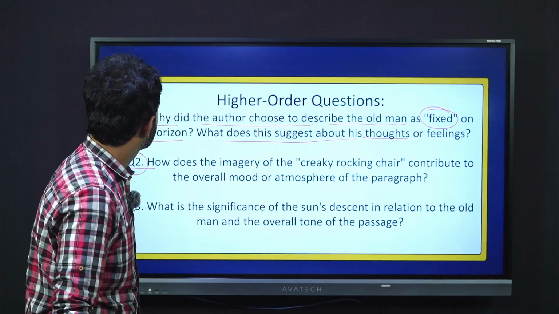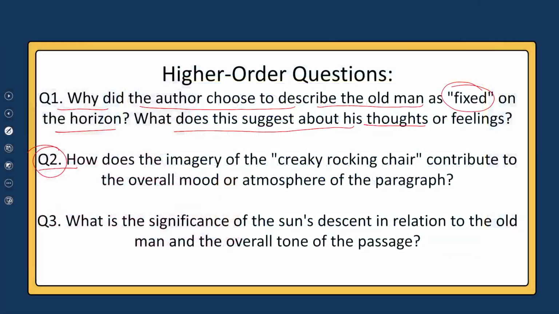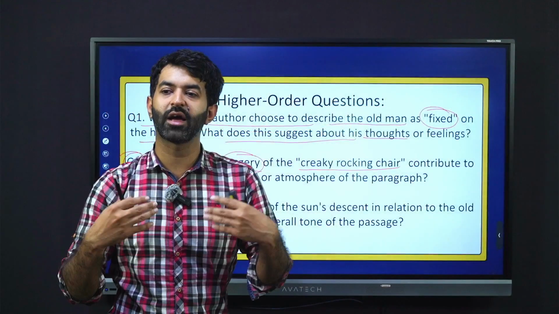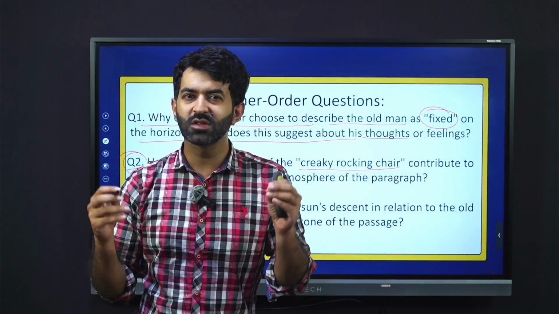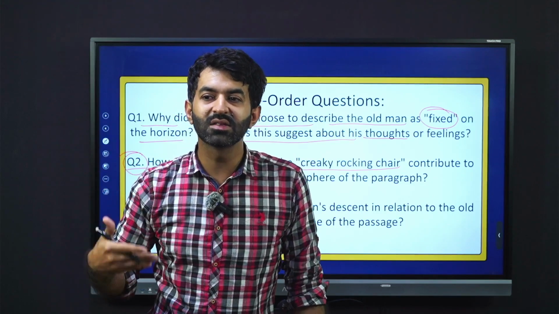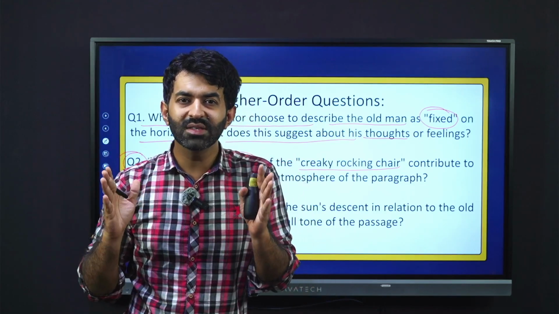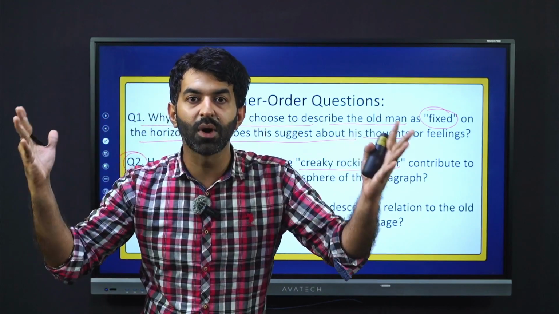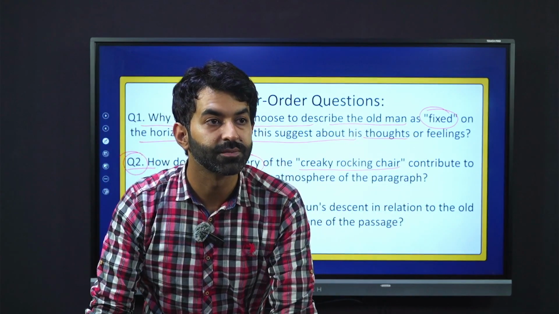All right. So how does the imagery, we know imagery is a literary device, creaking rocking chair contribute to the overall mood or atmosphere of the paragraph? So creaky rocking chair. You know there's a chair that goes back and forth, rocking chair. So it's old, it's making creaky sounds. So what does this tell us? What imagery is coming to our mind? Yes students.